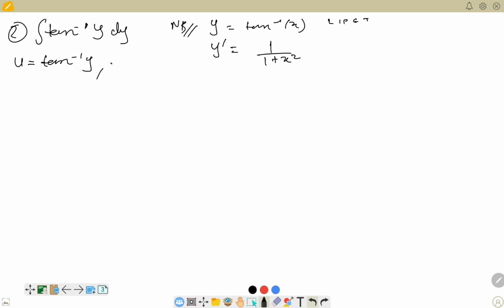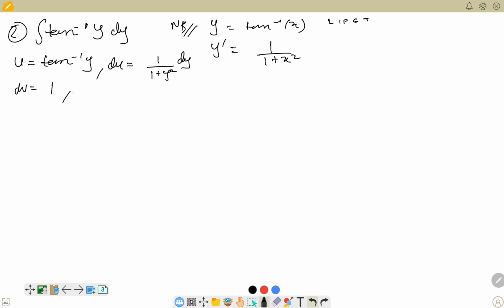Then du is going to be 1 over 1 plus y squared dy. So this is more like 1 times arctan y, so dv is just going to be 1.